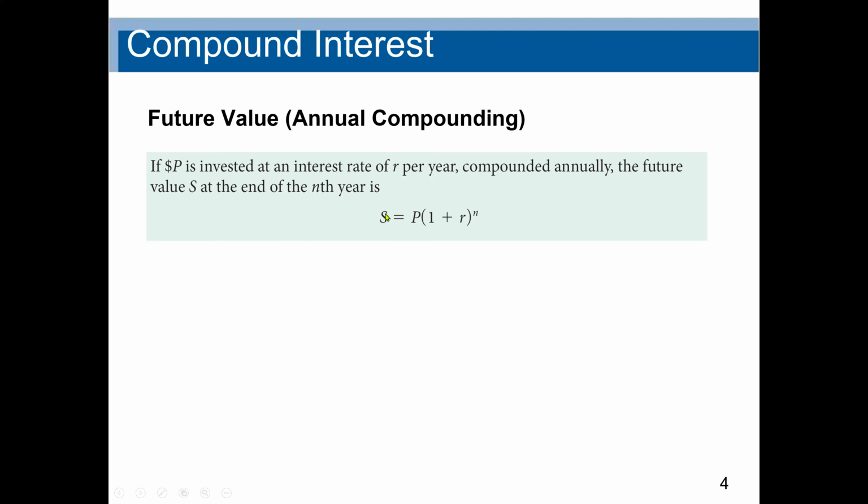Now with simple interest, the first thing we need to do is find the interest amount for the period of the investment. Then we add that interest to our principal, and that gives us our future amount. But with compound interest, the formula is the principal times (1 plus R), where R is the interest rate, to the power N, and N is the number of years.